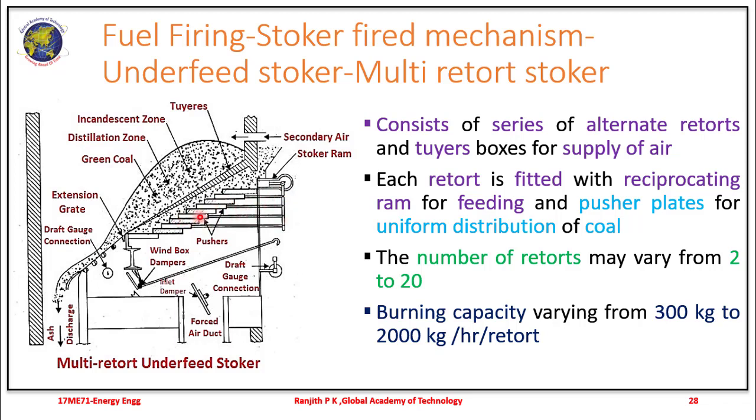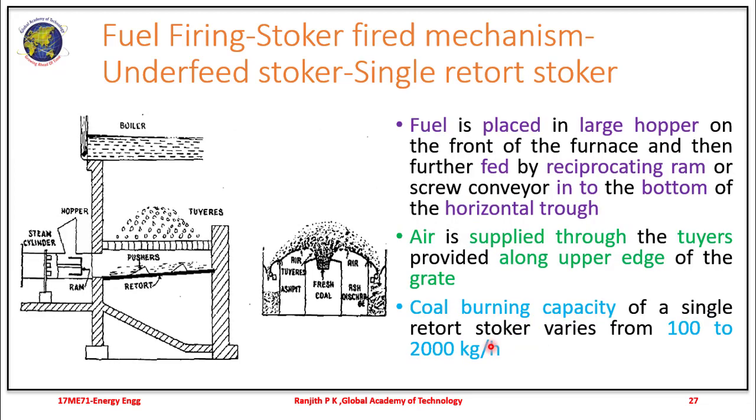So the coal is pushed into each respective reciprocating ram and then is provided for the combustion. The number of retorts varies usually in the order of 2 to 20, and the burning capacity is better than a single retort stoker, with the value varying from 300 kg per hour to 2000 kg per hour per retort.